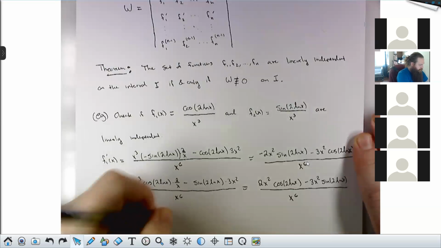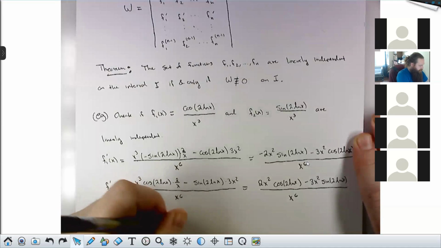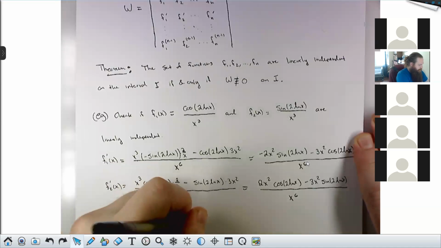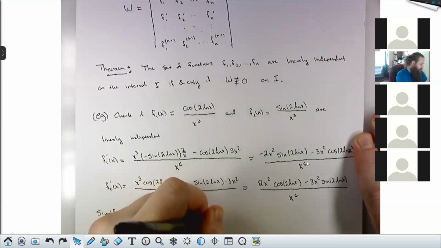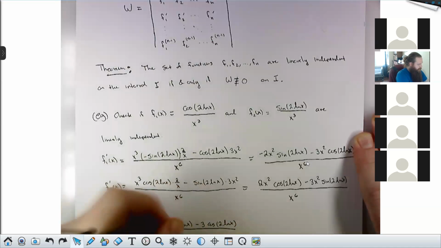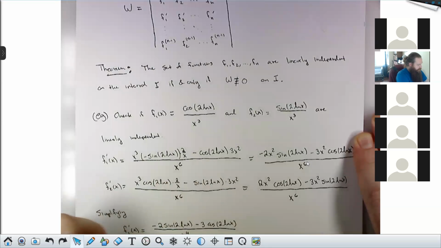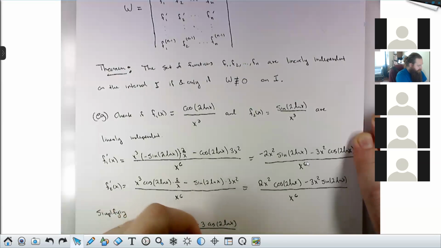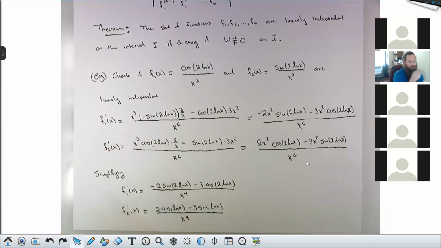It's going to be 2 sine 2 ln x minus 3 cos 2 ln x over x to the 4. And f2 prime, same sort of thing. We factor the x squared, cancel the downstairs. I'll get 2 cos 2 ln x minus 3 sine 2 ln x over x to the 4. So that's as much as I can simplify those, at least out of the gate.